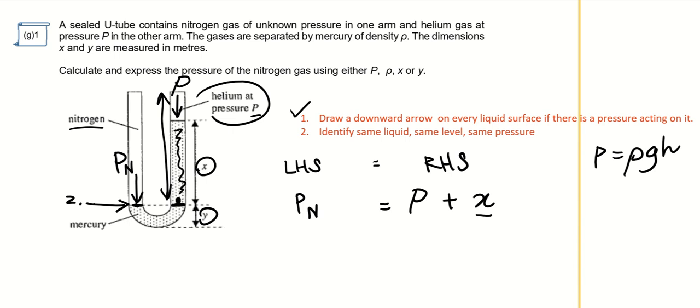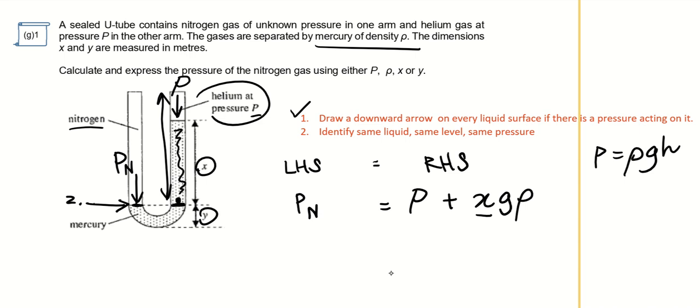Our X is the vertical height, g is the gravitational acceleration on Earth, and the density of mercury is given as rho. So there you have it.